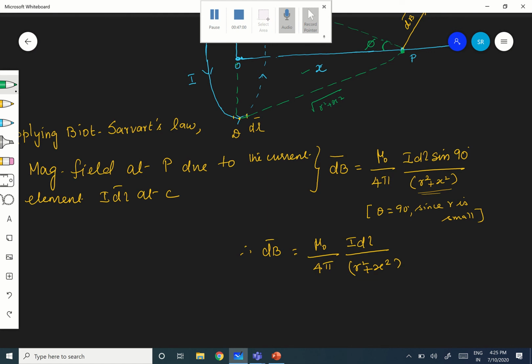If our DL is at D, that is enough. Why DL dash? I don't want a different DL, it is the same element only that I am taking. If I take DL dash, then the length may differ. Don't think like that.